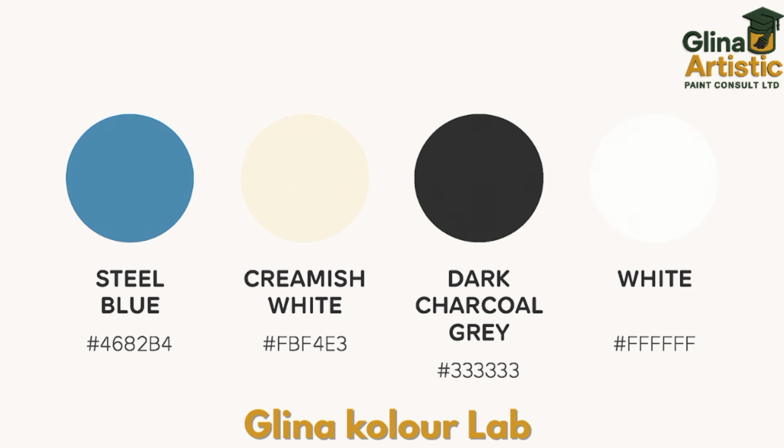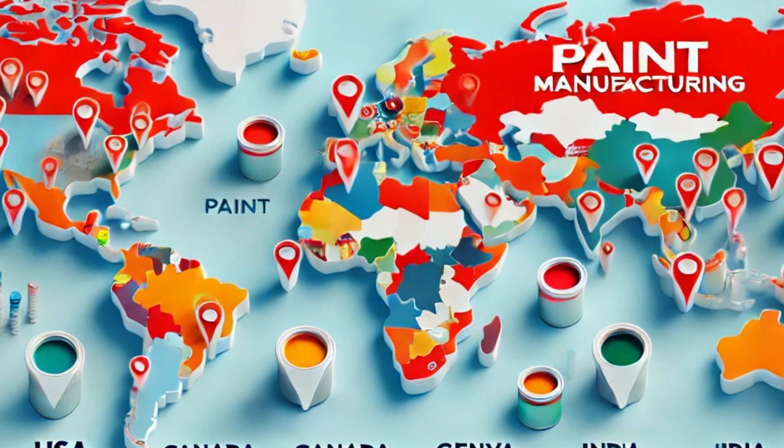A paint color code is a unique number that identifies a specific shade. It ensures that whether you are in Lagos, London, or Nairobi, Ghana, Cameroon, Kenya, USA, Canada, you can produce the same exact color every single time.